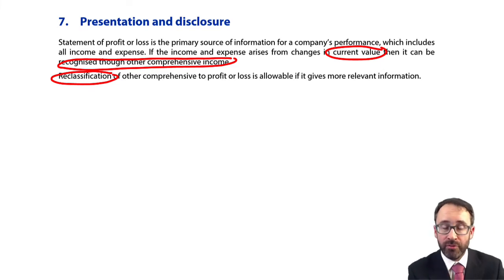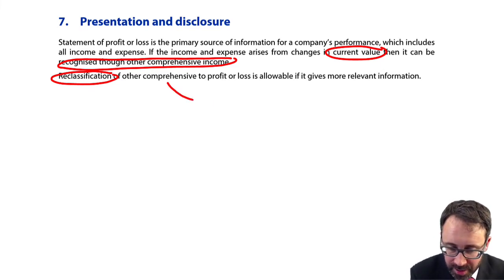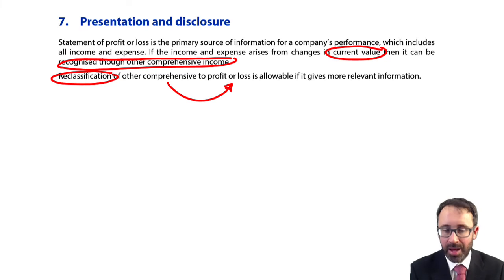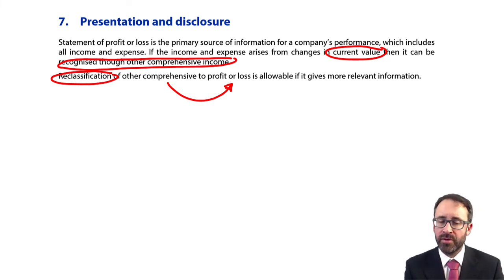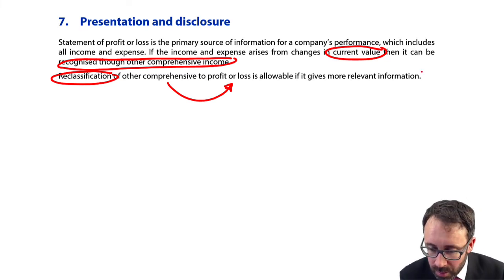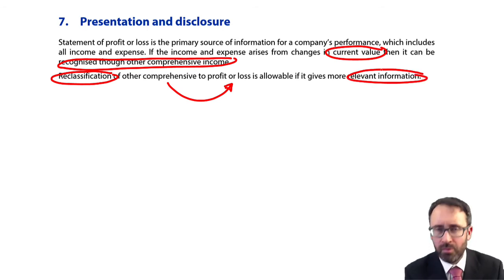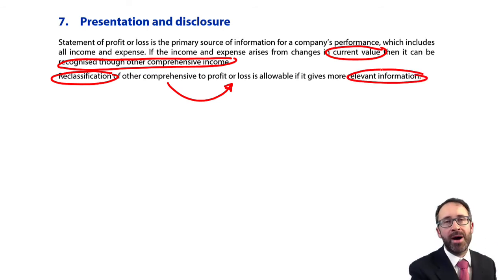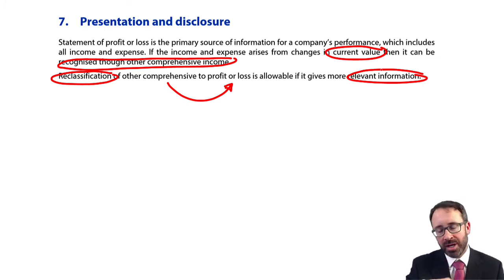So you can take what's been recognised in OCI and transfer it through to profit or loss if it gives more relevant information. So again, going back to the qualitative characteristics, if it is relevant to show it in profit or loss and reclassify it that way, then do so.